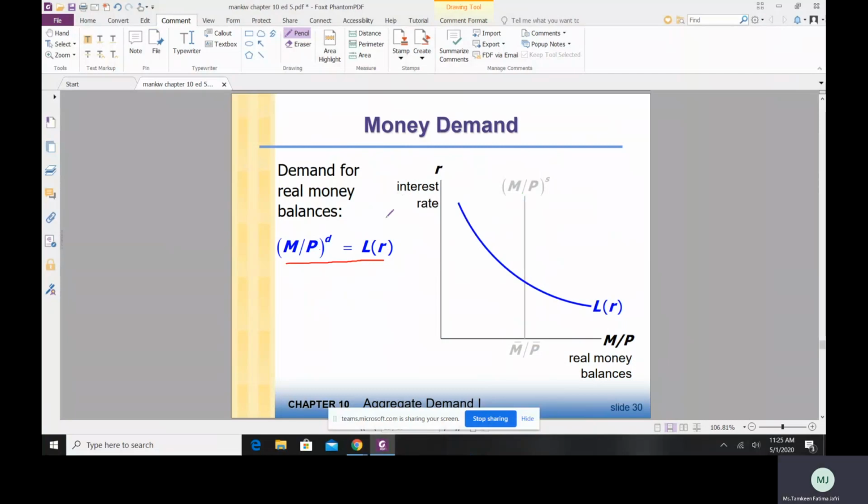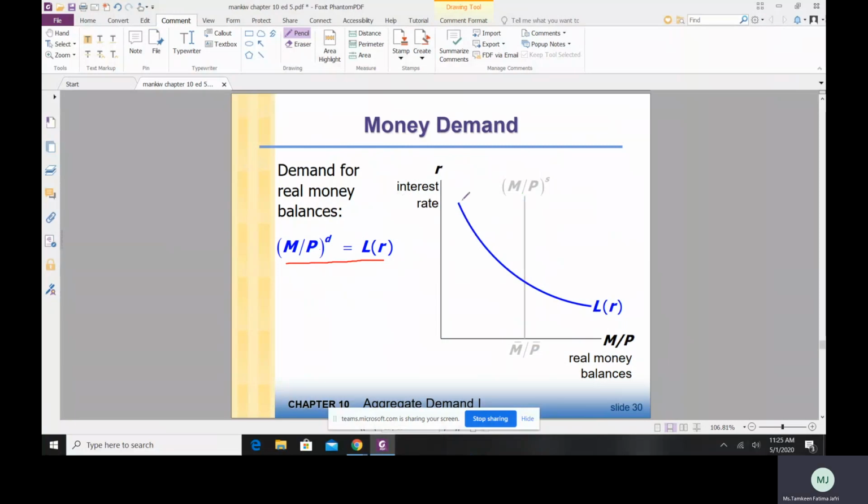So as a result, the demand for money is going to decline. Okay, so you don't want to waste this opportunity of not earning interest on your money. So आपका दिल चाहेगा कि जितना हो सके वो पैसा जो है उन accounts में पड़ा रहे, so you can earn interest on it. So hence money demand is going to reduce as a result.